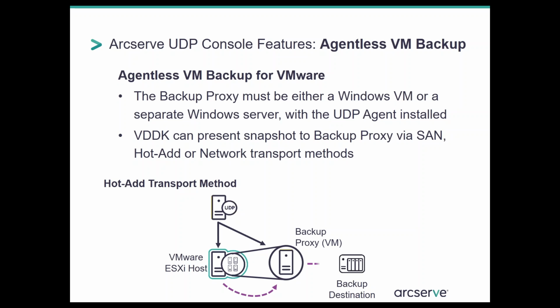Now, if you have multiple ESXi hosts, you can have multiple proxies. You're not limited to having only one. And by doing hot add, again, we're not sending the snapshots over the network because we are locally presenting them to the VM proxy.